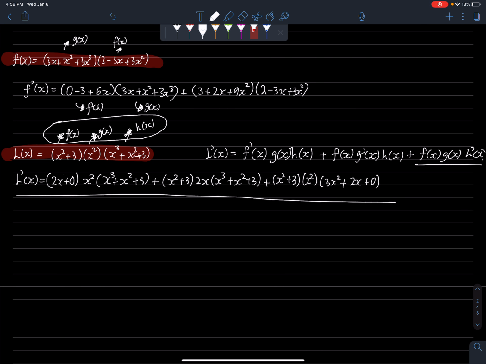For example, if you're doing something like sine x times x squared, then you're forced to use product rule, right? If you're doing something like that, you haven't learned the derivative of sine x yet, maybe, but once you do, you'll understand why. It's because you cannot use the power rule on something like sine x, so you have to use the product rule to break it up.